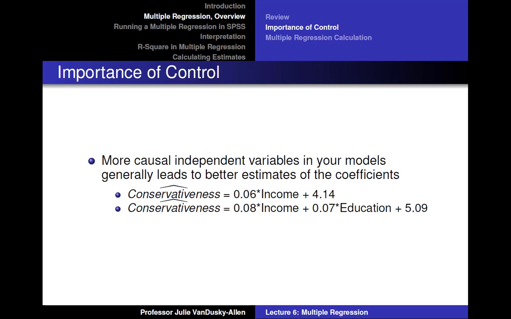Now we could say that education also has an important impact on how conservative a voter is, but we did not include that in our bivariate regression. So to take this new information into account, we add education to our model as an independent variable and run a multiple regression. As you can see, the b hat for income gets bigger. Because we did not include education in our first model, we underestimated the effect that income had on conservativeness.